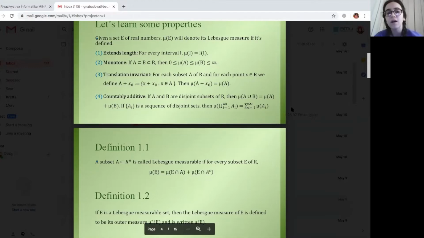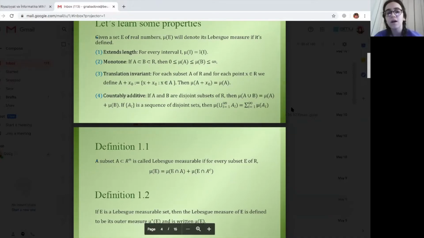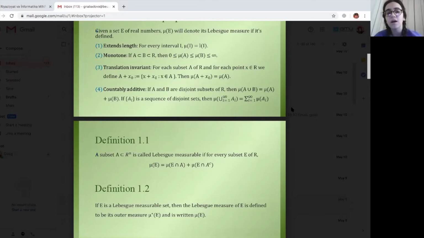Second, if A is a subset of B, then mu of A is less than or equal to mu of B. For each point x0 in R, we define A plus x0.